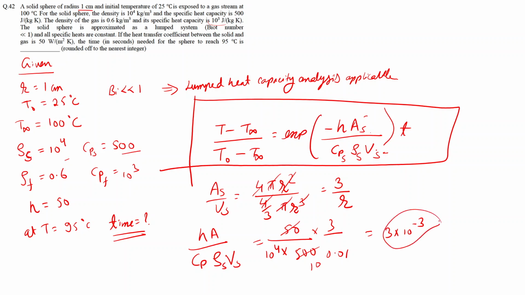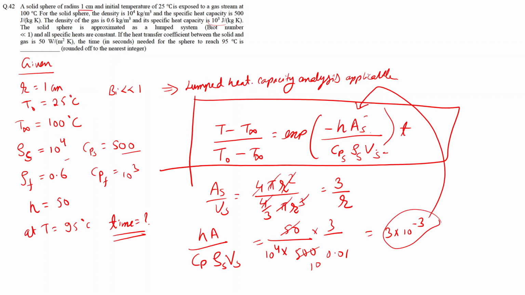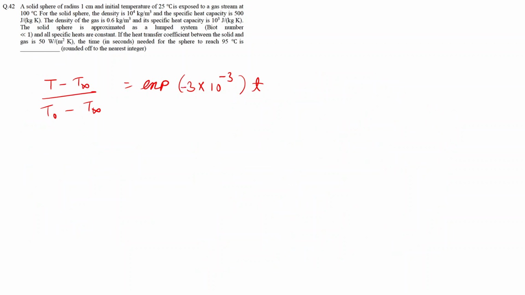Now let's put this value over here and we will get T minus T infinity upon T naught minus T infinity is equal to exponential of minus 3 into 10 raised to minus 3 into t. Okay, and we will be having this minus sign over here.